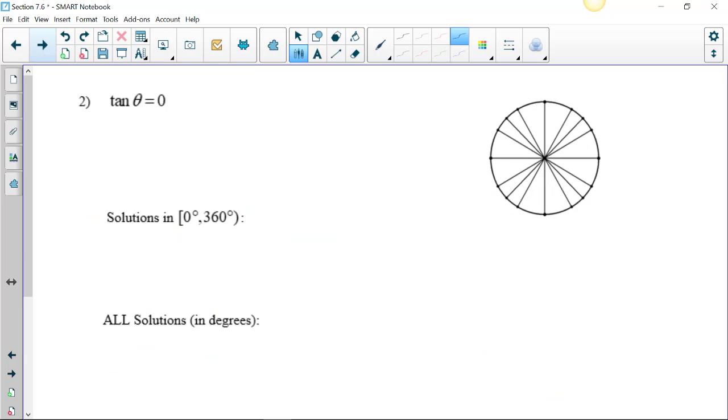All right, so how about this one? Tangent of theta is 0. So theta is an angle that when I take the tangent of that angle, I get 0. All right, so let's do this one in degrees. And so if you think about this, then we know that the tangent of an angle is the sine of the angle over the cosine of the angle.